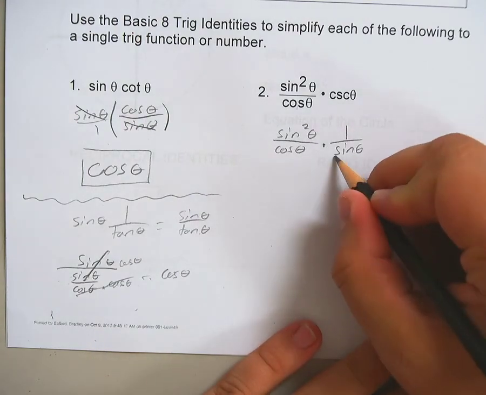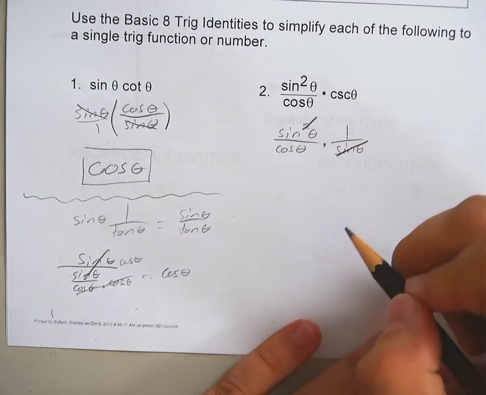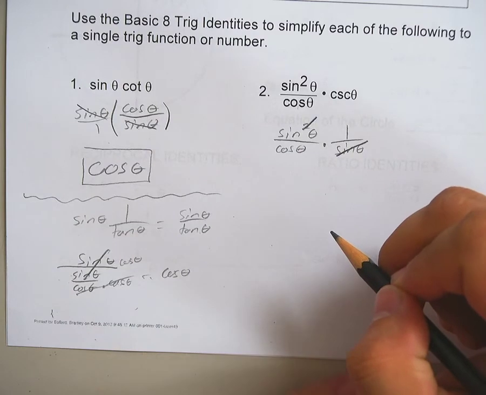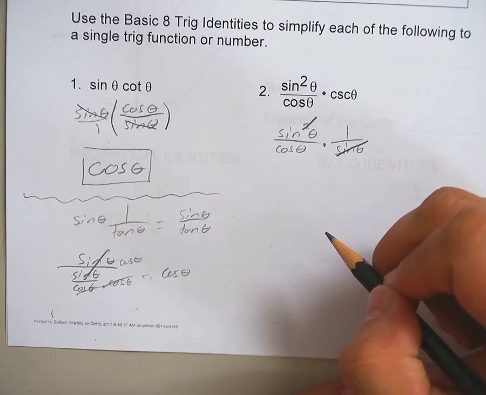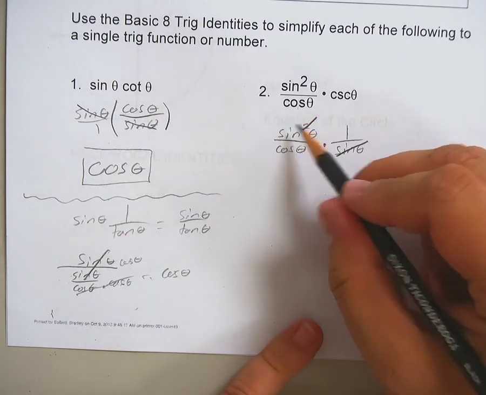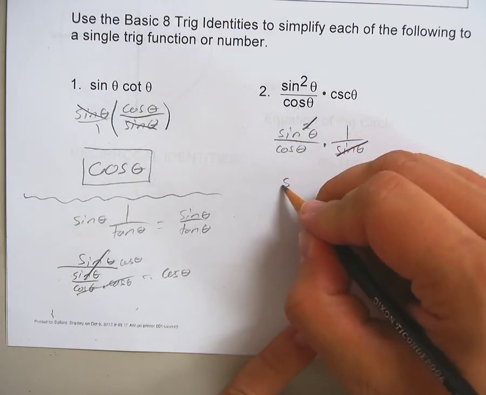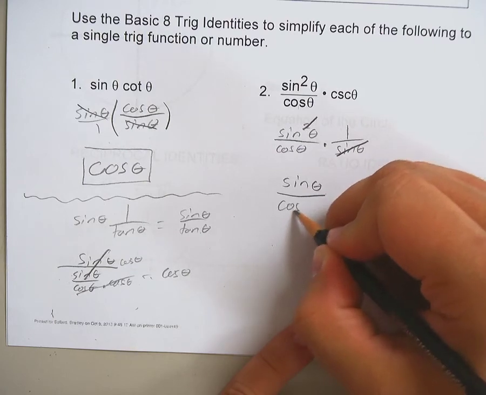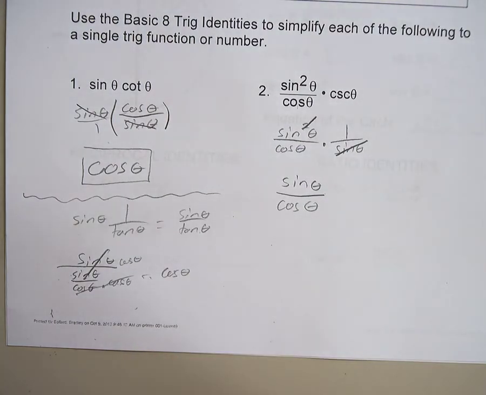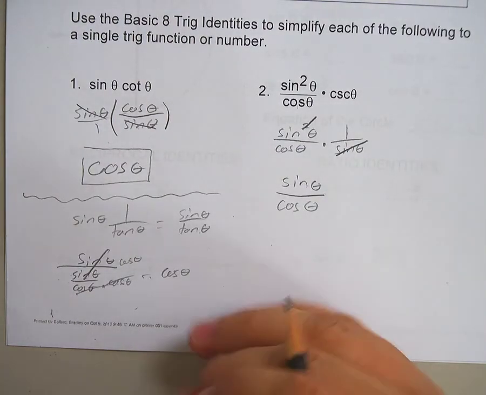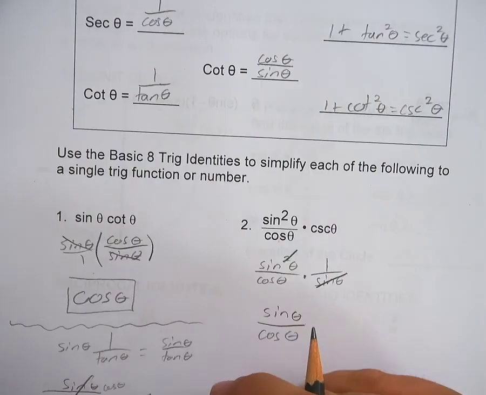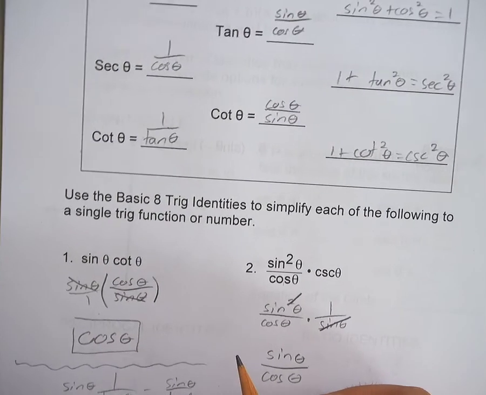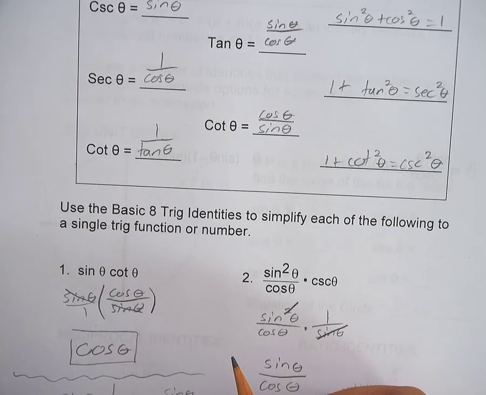So won't that just divide out one of those sines? And what am I left with? Well, I've still got sine times 1, so that's going to be sine theta. On the bottom, I've still got cosine theta. Can I simplify that to anything? Is that one of my big 8? Can I simplify sine over cosine? Yeah, it's tangent, isn't it?